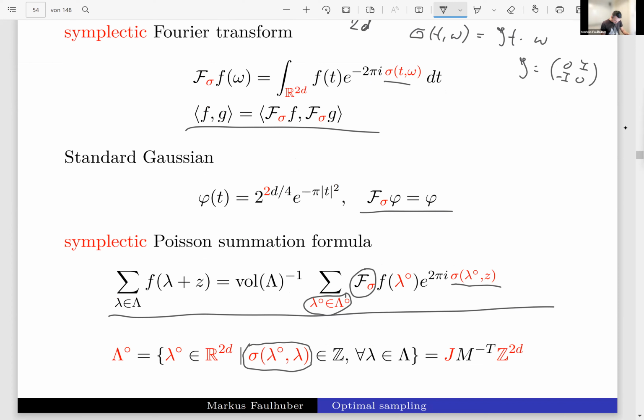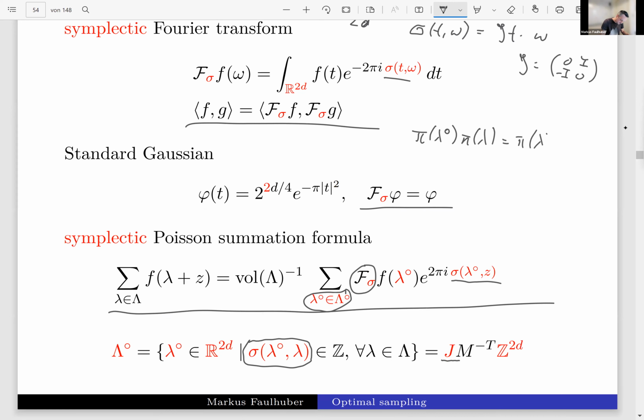The difference is you just have to multiply your standard symplectic matrix on your dual lattice to get to the adjoint. But this is used in time frequency analysis because then time frequency shifts commute. This is the main motivation. So you don't have any phase factor anymore, which you must expect in general. And this is why in time frequency analysis, it's more common to use the symplectic dual than the dual lattice.